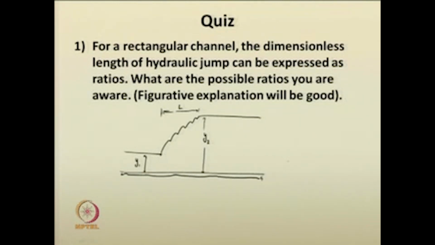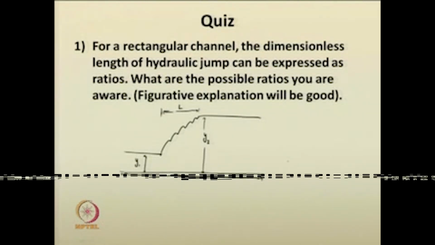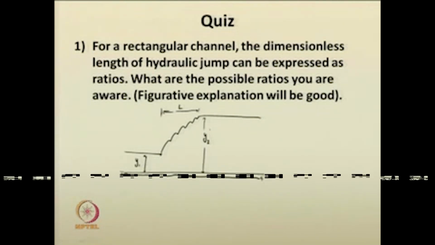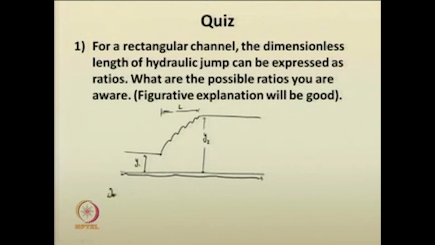Normally, you express the length of the hydraulic jump as dimensionless quantities with respect to the available parameters, like the depth of flow pre-jump and depth of flow post-jump. So, the dimensionless lengths are the ratios: the length of the hydraulic jump divided by the pre-jump depth, one can easily define it.